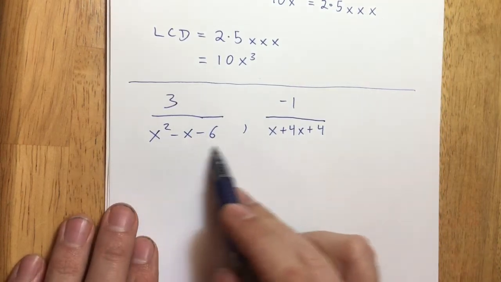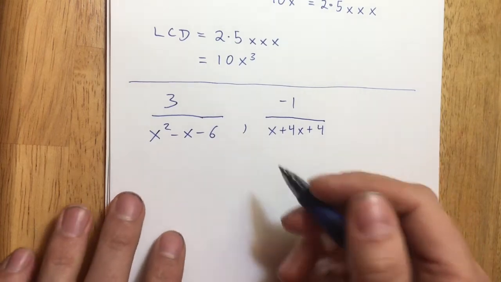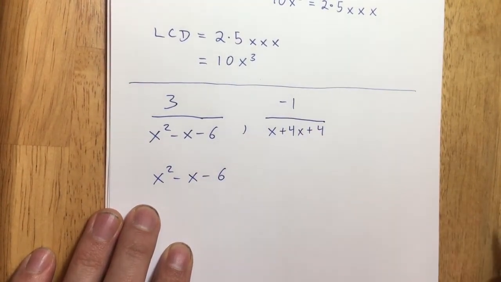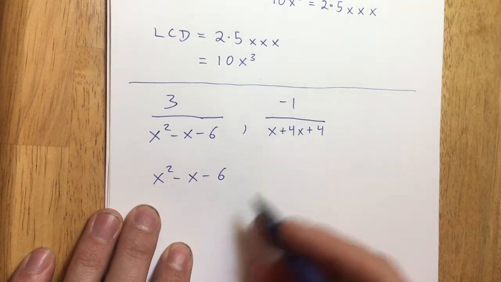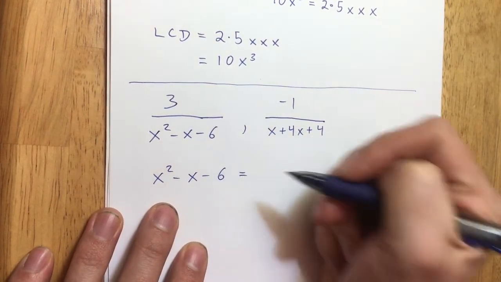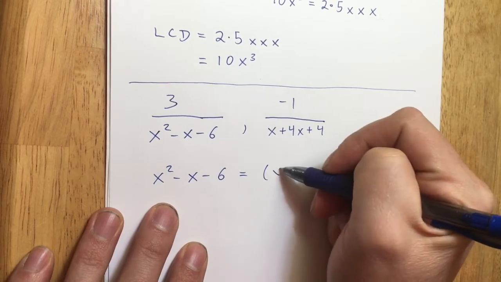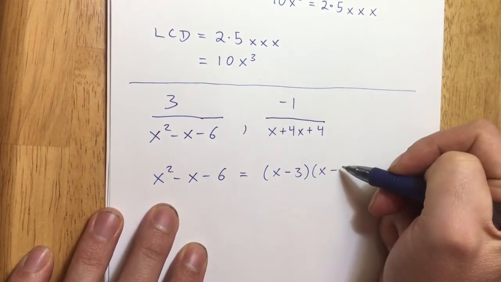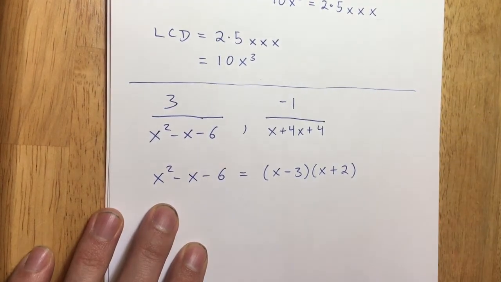So I'm going to take each denominator and factor it down. Let's take x squared minus x minus 6. Think about what you know about how to factor, and you should be able to figure out that this is x minus 3 times x plus 2.